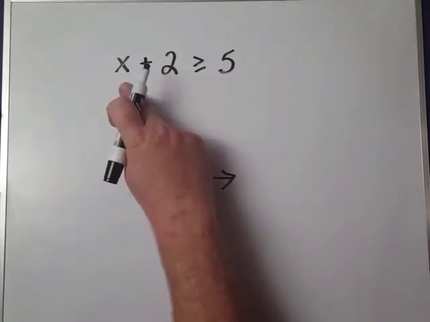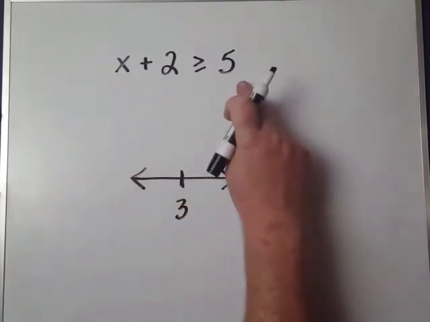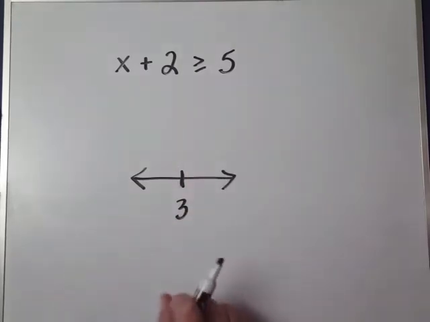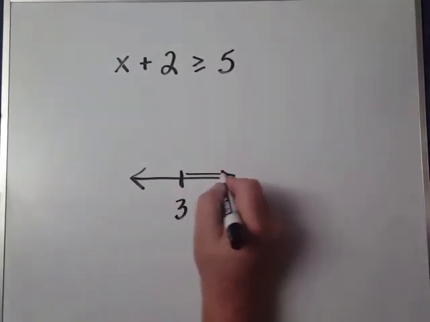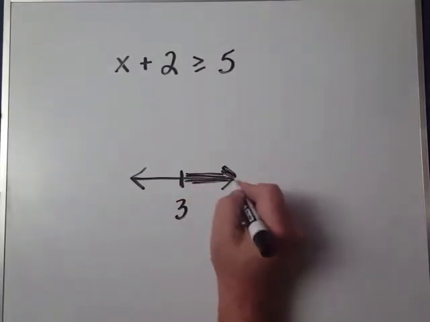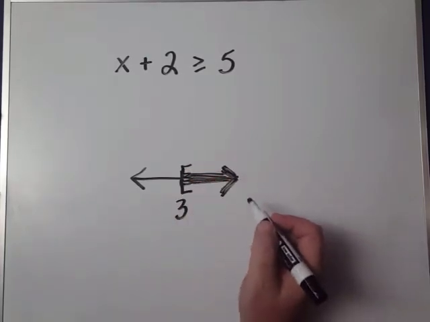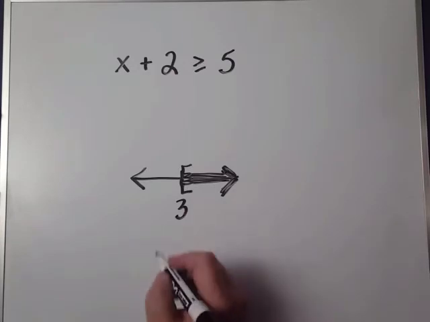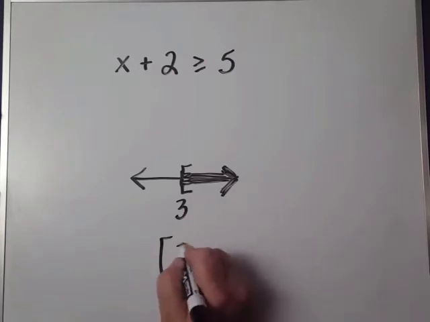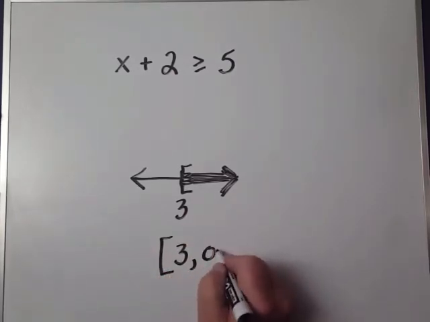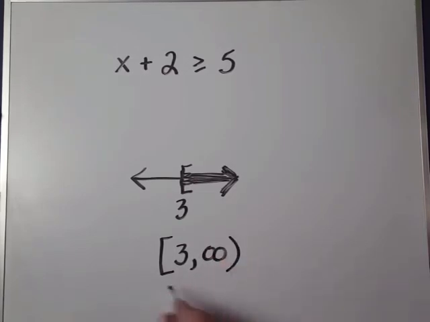Take something 3 or bigger, add 2 to it, you will get something that is 5 or bigger. We're talking about all the numbers that are greater than or equal to 3. My interval notation, I'm talking about all the numbers between 3 and positive infinity, including the 3.